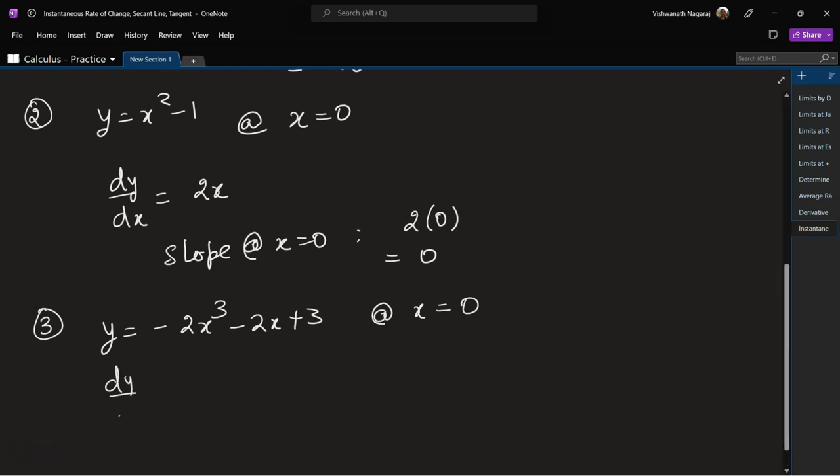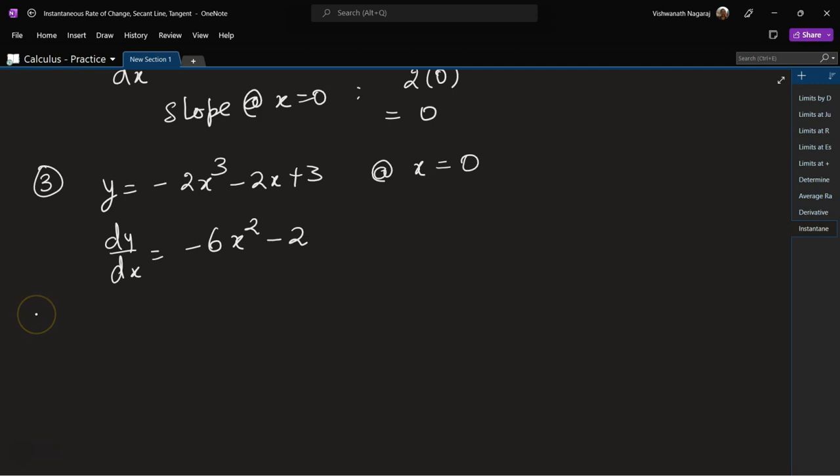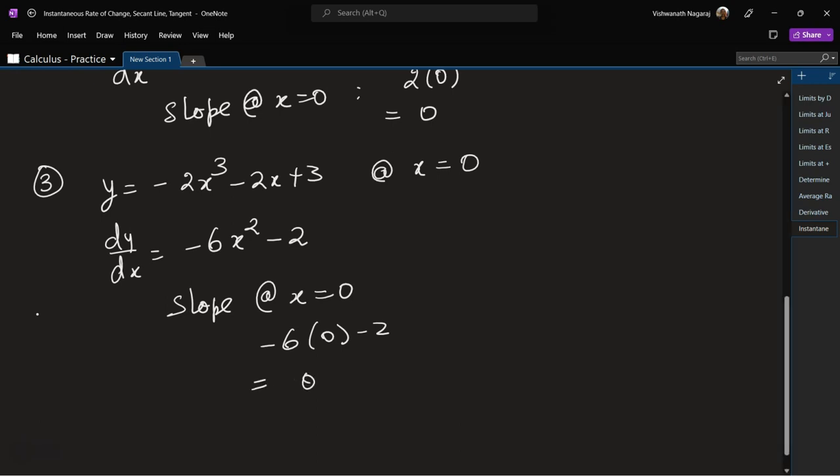So dy by dx is equal to minus 6x squared minus 2. So the slope at x equal to 0, slope is nothing but the instantaneous rate of change. So at x equal to 0, it would be minus 6 times 0 minus 2, which is equal to 0 minus 2, which is minus 2.